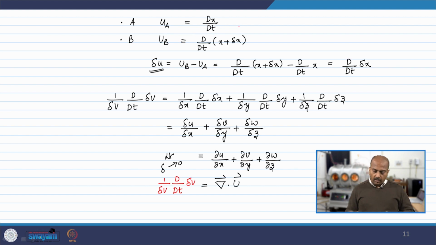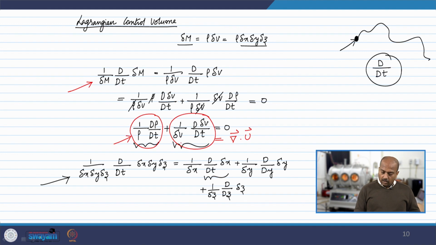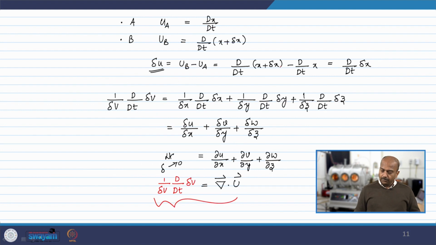See what I have done? Because you know all of this to be del dot u, I have simply substituted all of that into this equation. Let us say we call this equation as equation number 2, and this is the primary equation, equation number 1, and this is equation number 3.